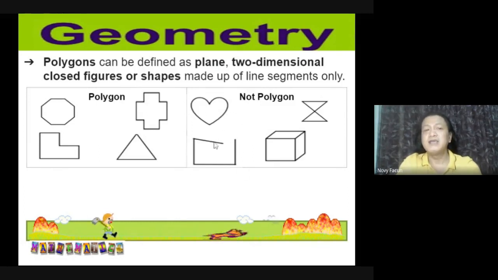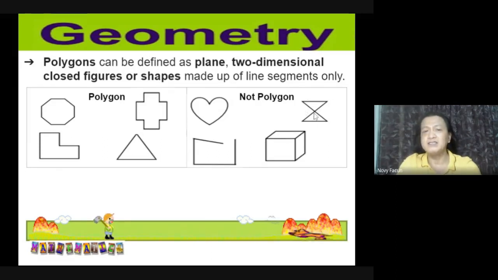Dito naman, sabi dito sa definition, closed figures or shapes. Since may open space, hindi na siya polygon. Dito naman, this is not polygon because according to the definition, kailangan two-dimensional. Kailangan niya meron siyang flat surface. So this is three-dimensional. Kaya hindi siya polygon.